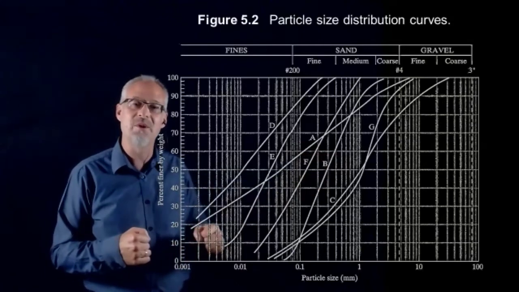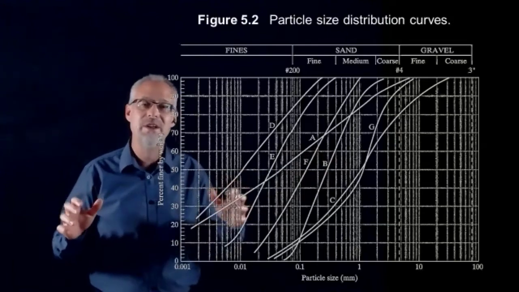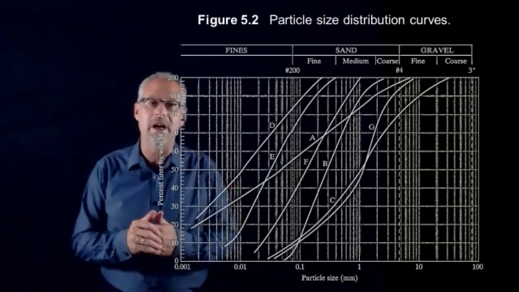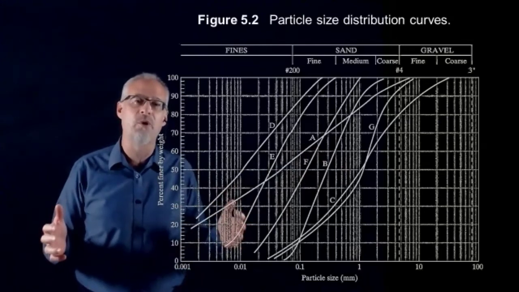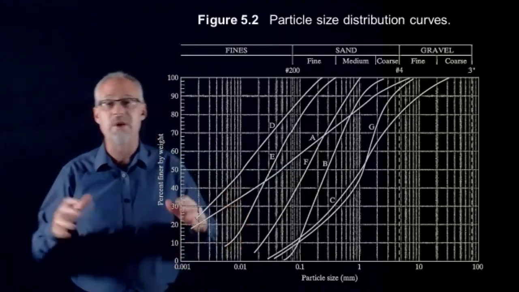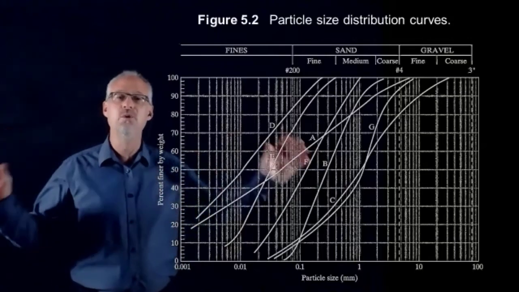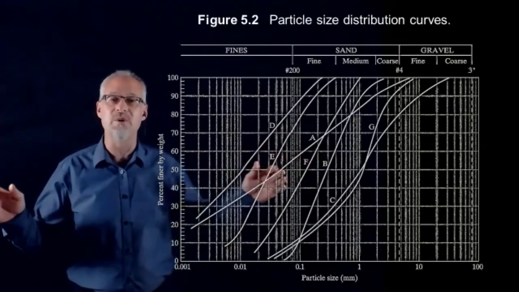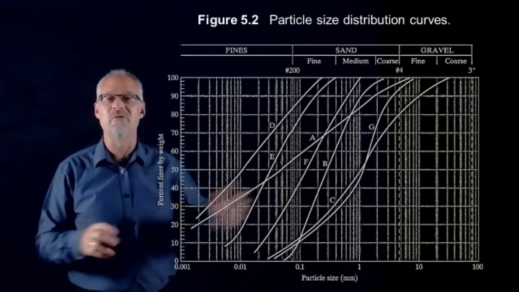The log scale zooms in on the little stuff and zooms out on the big stuff so that we can see everything. That's very common in all soil mechanics and geotechnical engineering, because so many properties of soils span huge orders of magnitude. That just means like 10, 100, 1,000, 10,000. Those are orders of magnitude.